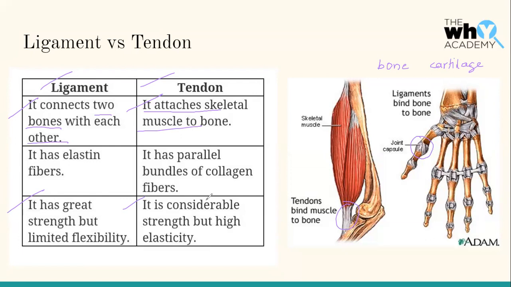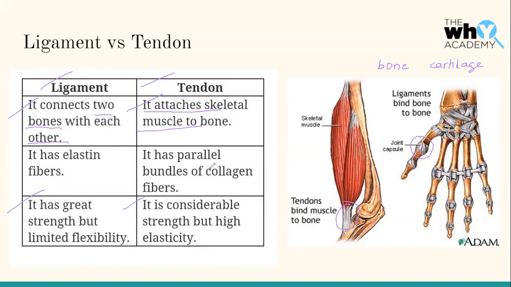Versus tendon has considerable strength but high elasticity, or high flexibility. Tendon is the one which helps in motion, locomotion. It pulls the muscle and relaxes the muscle. So that's a very important connection.